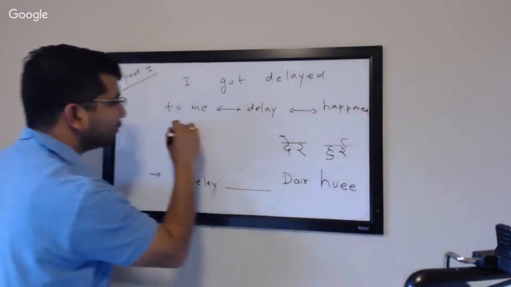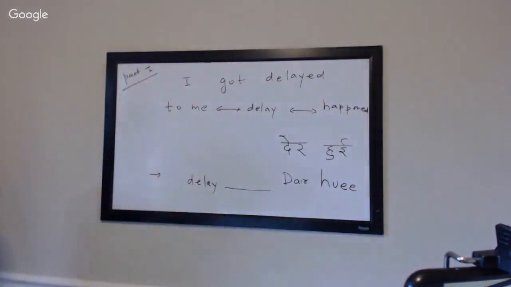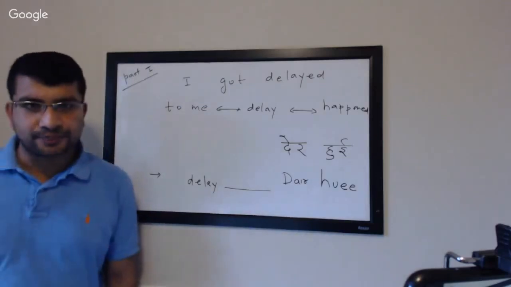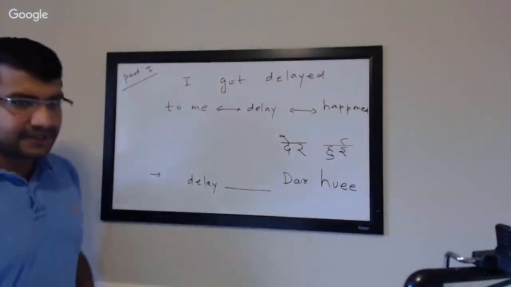To me delay happened. मुझको देर हुई. Okay, मुझको delay, that's fine too. You can say delay also, but you'll say मुझको देर हुई. So I hope this is making sense.